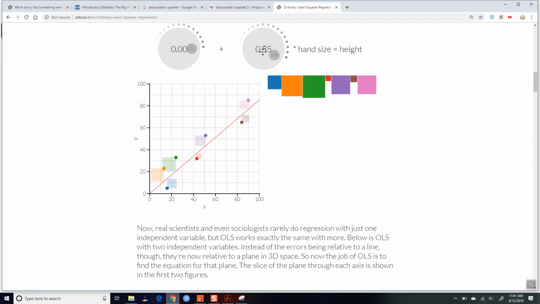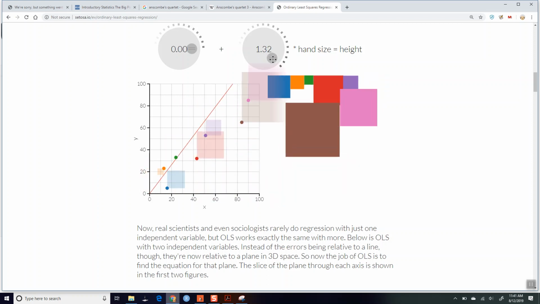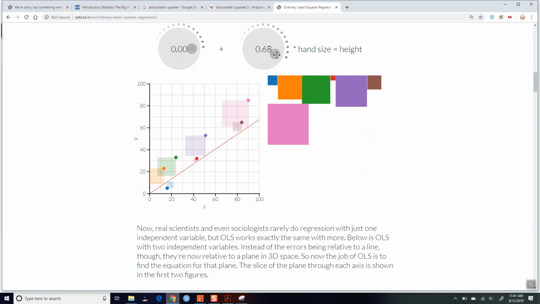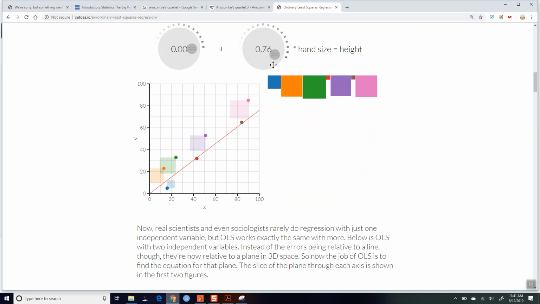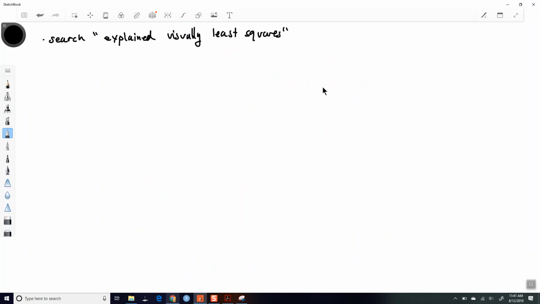But as I adjust the slope, it changes the size of the other squares. So I can make the square for the brown dot small, but it makes the square for the green dot bigger. I want to adjust this in such a way that the total squares are as small as possible. So, explained visually, least squares.